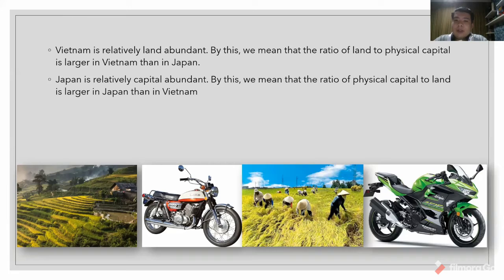By this, we mean that the ratio of physical capital to land is larger in Japan than in Vietnam. This relative abundance of capital gives Japan comparative advantage in producing the capital-intensive good, for example motorcycles. As you can see in the picture below, there are two pictures of motorcycles produced in Japan and two pictures of Vietnamese rice farmers.